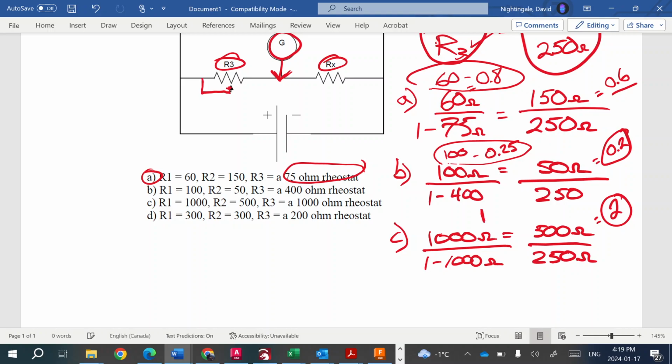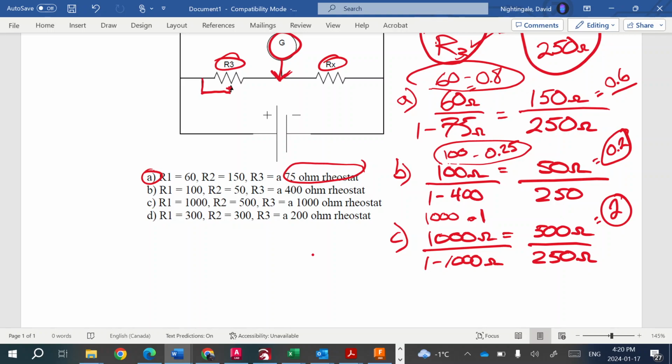This is looking good. And if we were to dial back that rheostat all the way to 1 ohm, we could say our maximum is 1,000. So we could read anywhere from a ratio of 1,000 to 1, all the way to 1. And indeed, our ratio over here, 500 over 250, does fit within that range of 1,000 to 1.